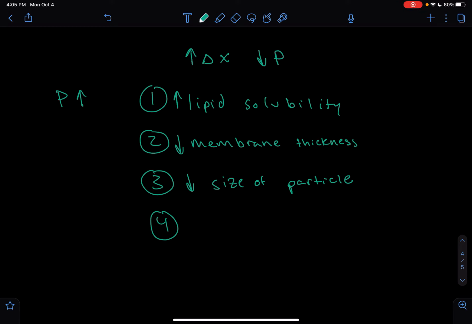Ions associate with water. So permeability increases when charge decreases, okay? So those are the four factors that affect permeability.